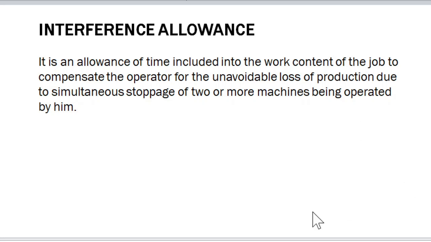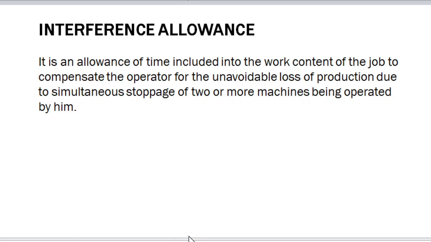Okay. The next one here is the interference allowance. It is an allowance of time included into the work content of the job to compensate the operator for the unavoidable loss of production due to simultaneous stoppage of two or more machines being operated by him.